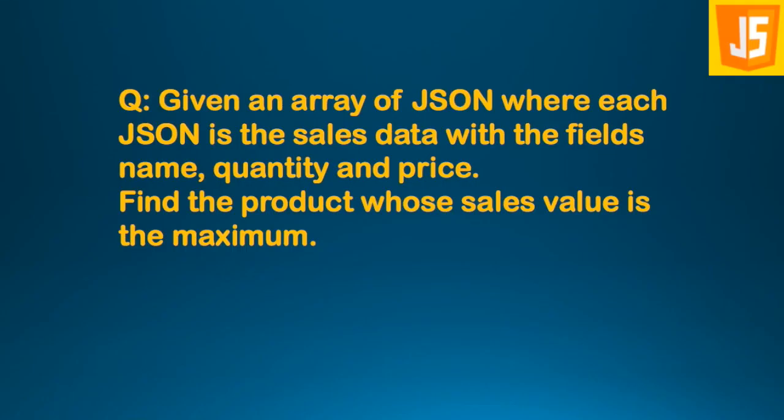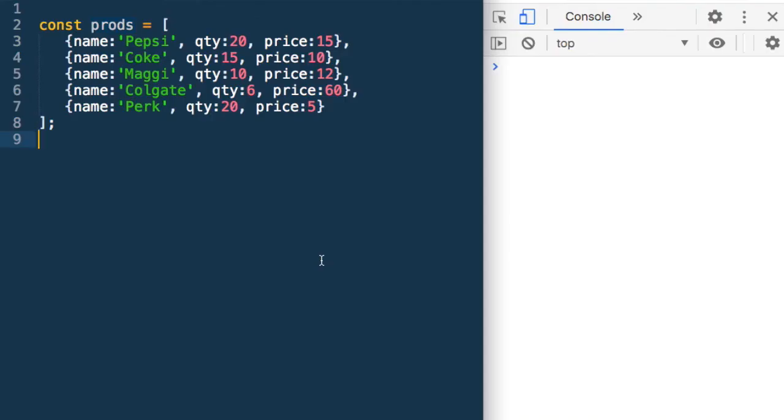Given an array of JSON where each JSON is the sales data with the fields name, quantity and price, find the product whose sales value is the maximum. So we have this JSON products, and what do we need to find? The product whose sales value is maximum.